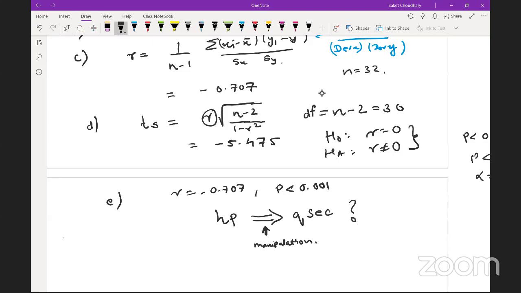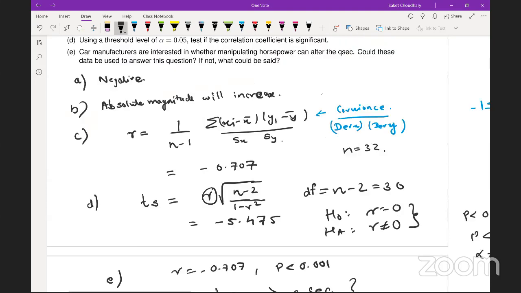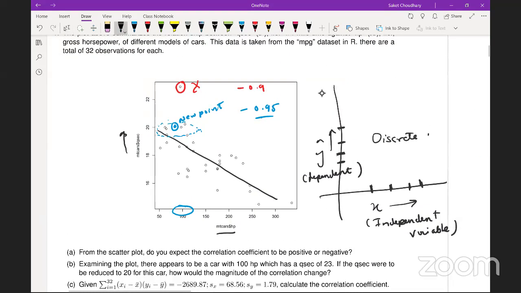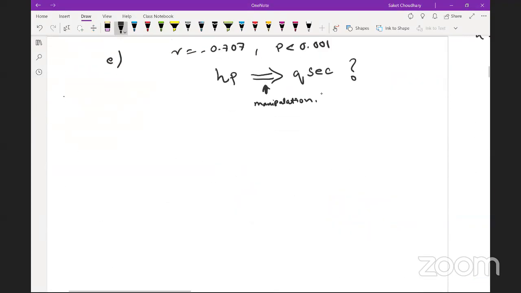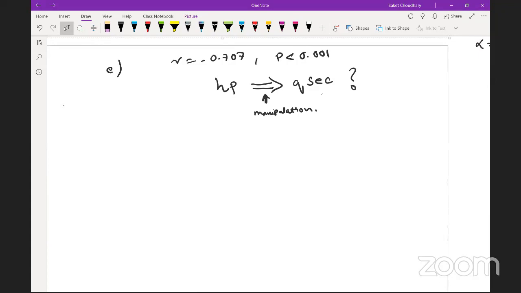So if you want some sort of Q-sec, let's say if I want a Q-sec of, let's take a different value, let's say I want a Q-sec of 17, then is it okay for me to say that your horsepower should be around, let's say, 160? Is that a valid prediction? Any answers?